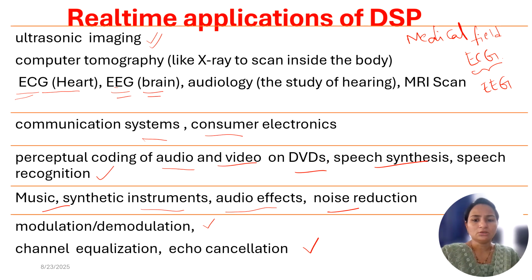Then we have MRI scans and X-rays. Without these systems, we cannot identify a tumor or a defect in the human body. In X-rays, the rays are sent over the body, and the doctor can identify where there is a bone fracture.